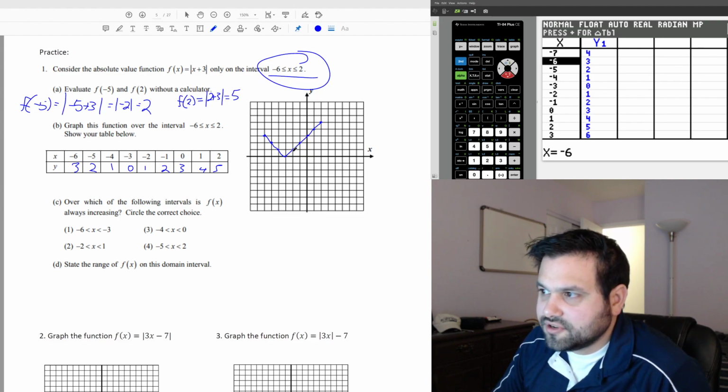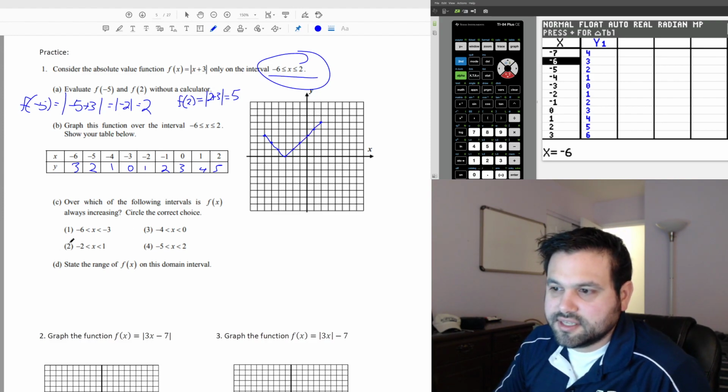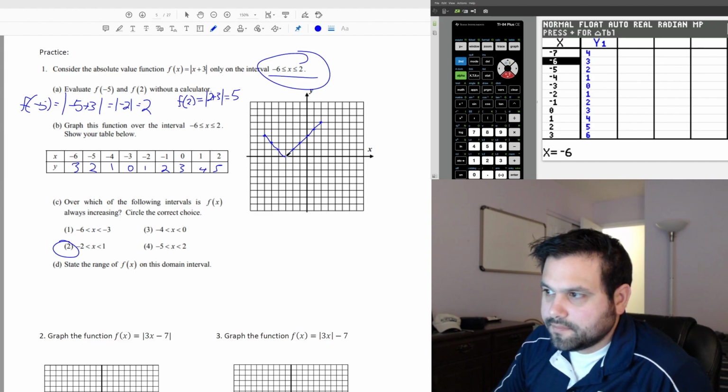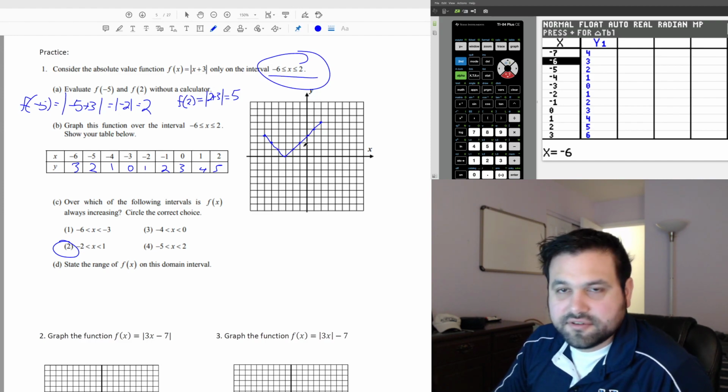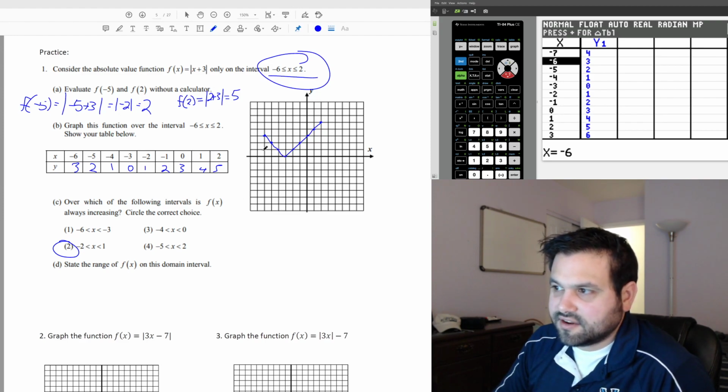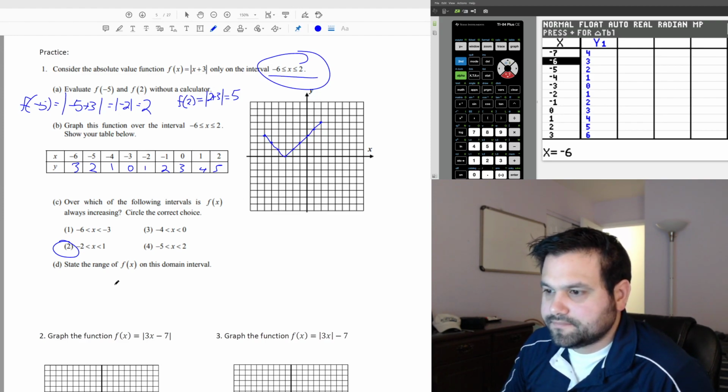Am I always increasing from negative 2 to positive 1? Yes, so that looks like it's the answer. Okay, if we check the rest of them, from negative 4 to 0, part of that interval is increasing, but it's not always increasing because of this part. Okay, and same with this, negative 5 to 2, no good.